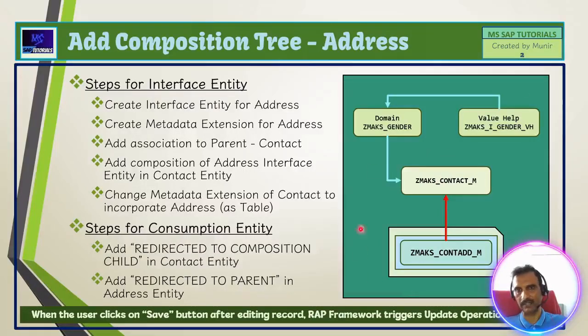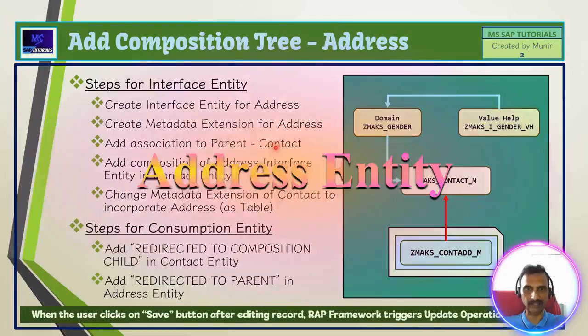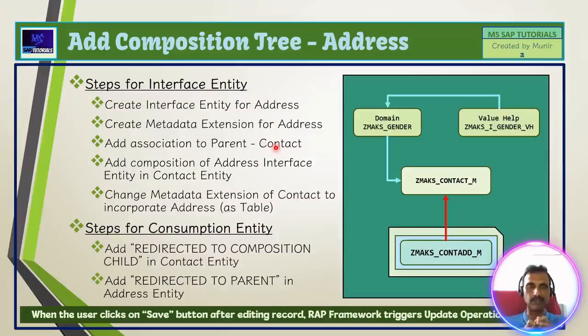This is the same thing that we have seen in our managed scenario as well, and I will not show you the complete step by step code writing. But the steps involved here: we will create an interface entity for our address, create a metadata extension for the address, and add association to parent in contact, because that is how the linkage between the contact and the address will be set up.